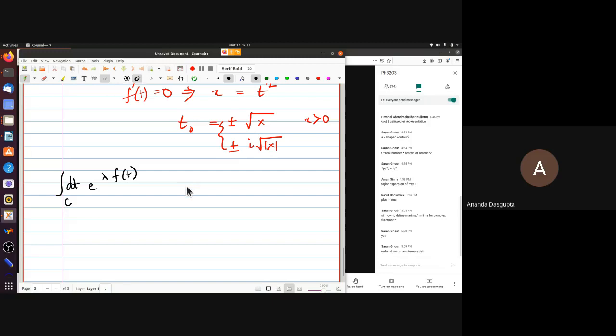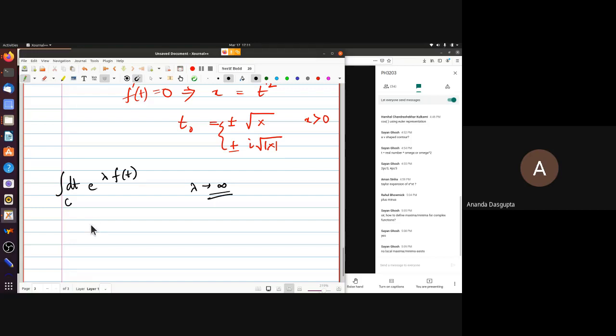You want to know the behavior of this integral for lambda going to infinity, that is, when lambda is very, very large. At least let's talk about the real case today. The complex case essentially will be part of the lectures, and will also be part of the assignment.